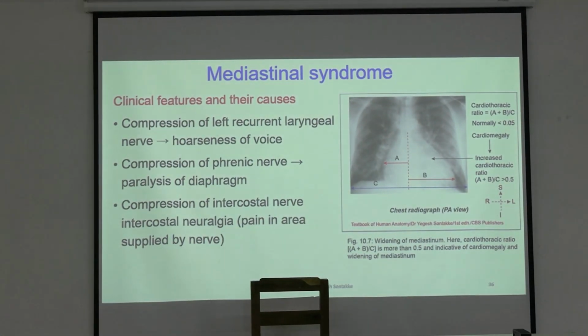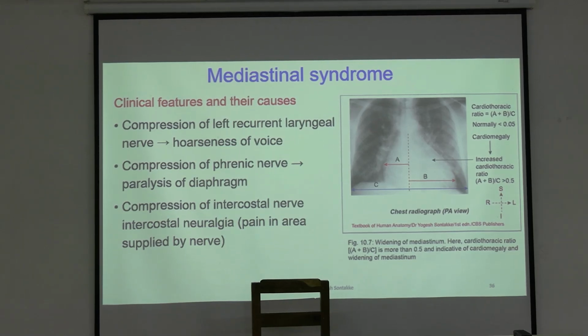The patient may die. So that is the compression of the phrenic nerve. Then compression of the intercostal nerves, which we saw yesterday. If there is a pressure effect, there will be neuralgic pain over the ribs.